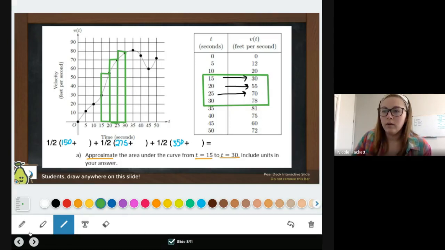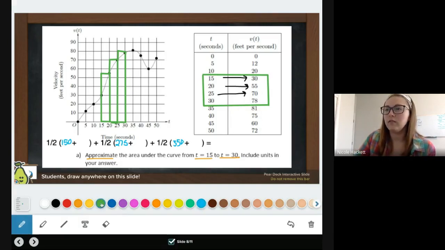All right, so let's go ahead and check on these here. So remember, the interval is still 5, so this is all going to be the same. This one hits the graph here at 20, so that will be 55. So I do 5 times 55, and that's going to give me 275.